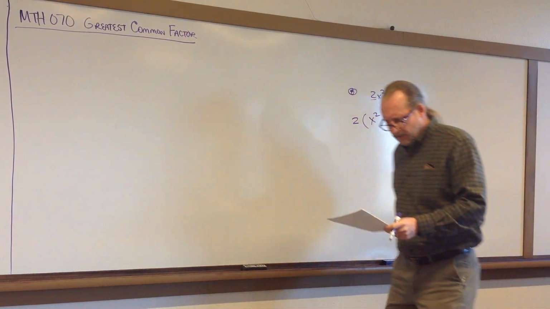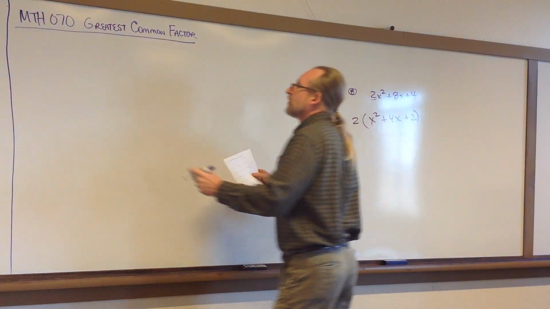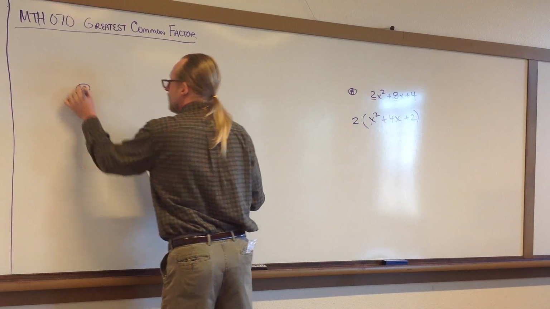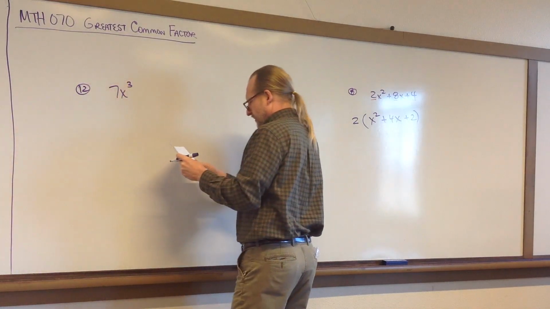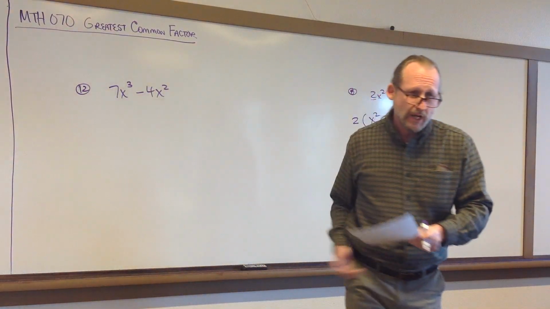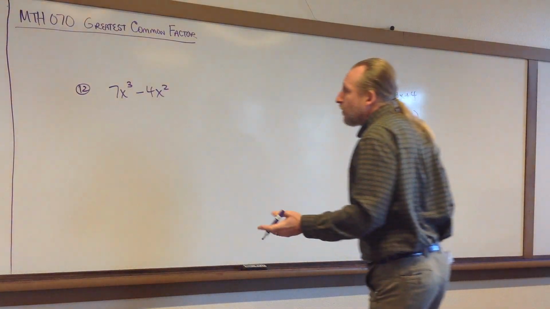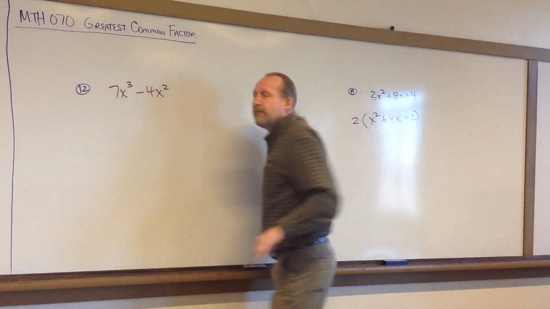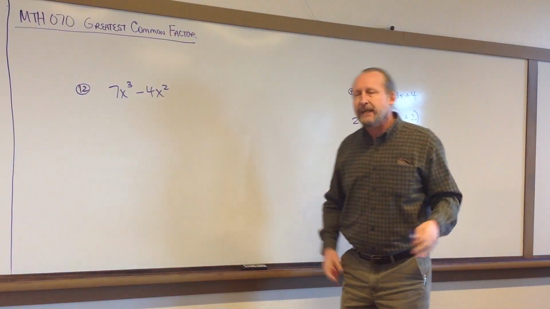Well, starting with problem 11, they get a little bit more challenging. So let's look at problem 12. We have 7x to the third minus 4x squared. Now in this one, there's no common factor between the 7 and the 4. But we do have x's in both terms, and we want to pull out as many x's as we can.